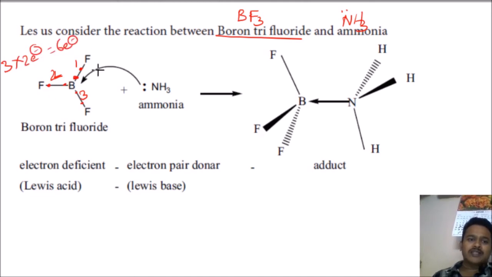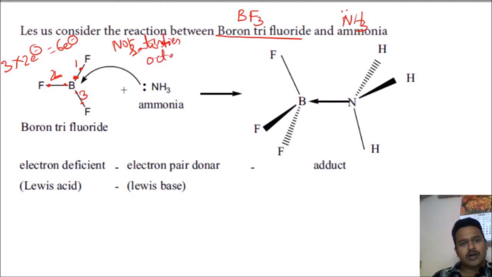It is not satisfied. Which rule is not satisfied? The octet rule. So anybody giving electrons, it is ready to take to get stability. That is why boron trifluoride is ready to accept.